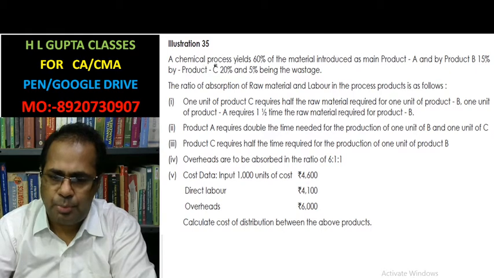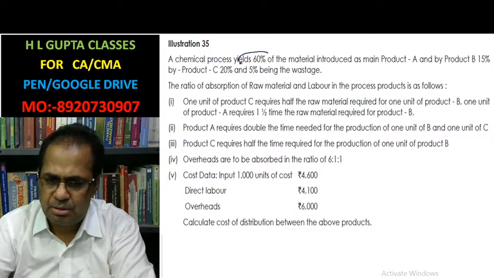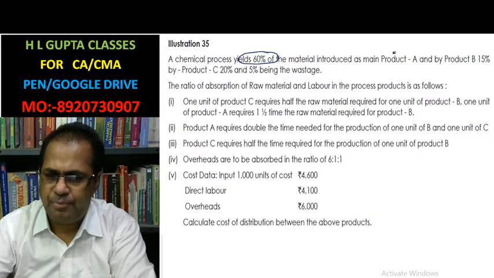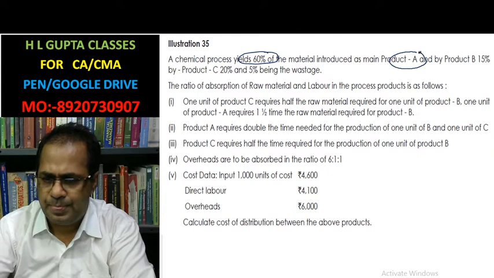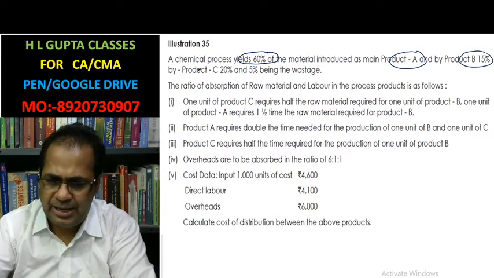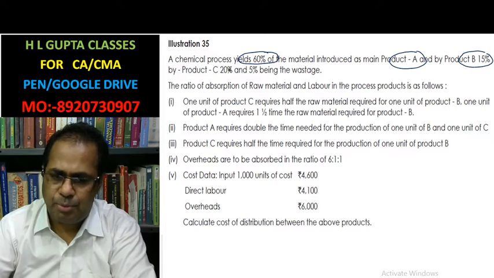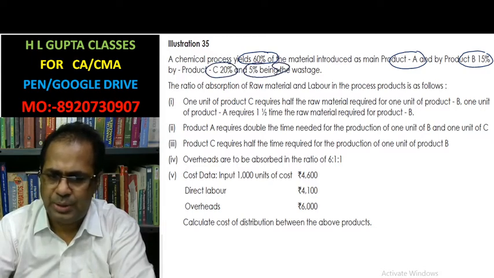A chemical process yields 60% of the material introduced as main product A, and byproducts B and C, 15% and 20%, with 5% being wastage.